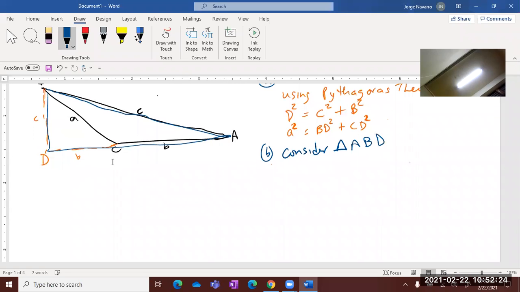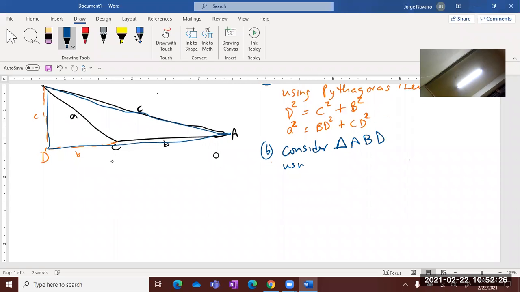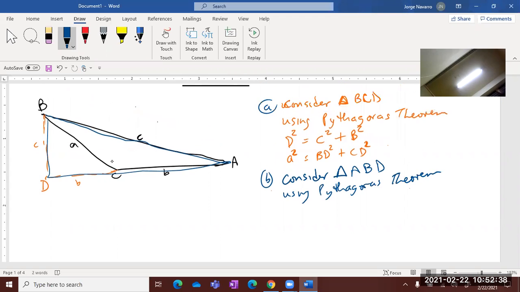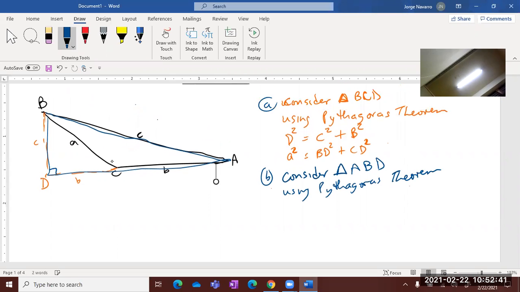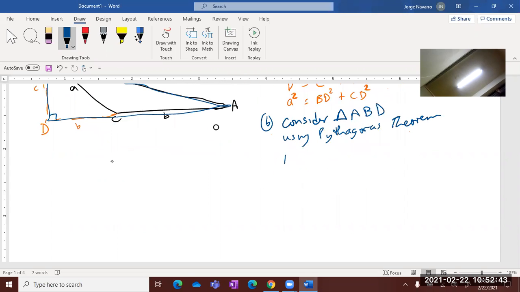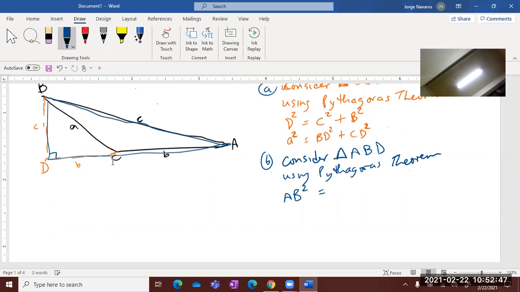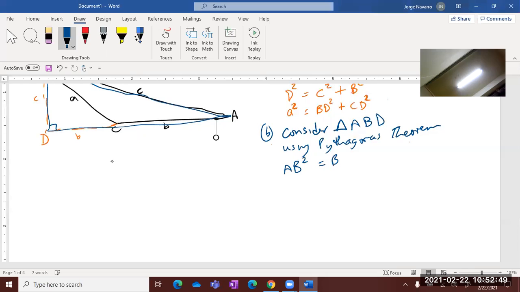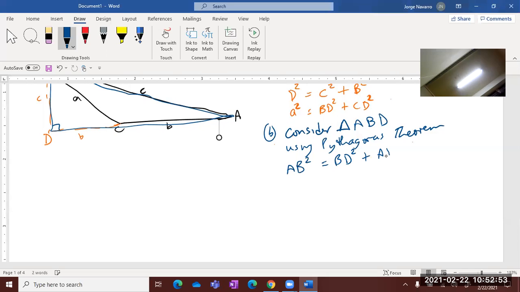Using Pythagoras, because the cosine rule is actually a derivative of Pythagoras' theorem, we know that the hypotenuse, since this is the right angle here, is AB, so AB squared is equal to BD squared plus AD squared.